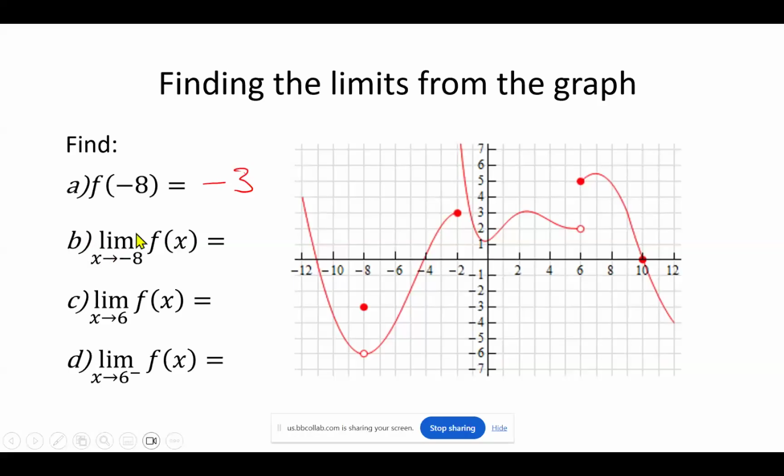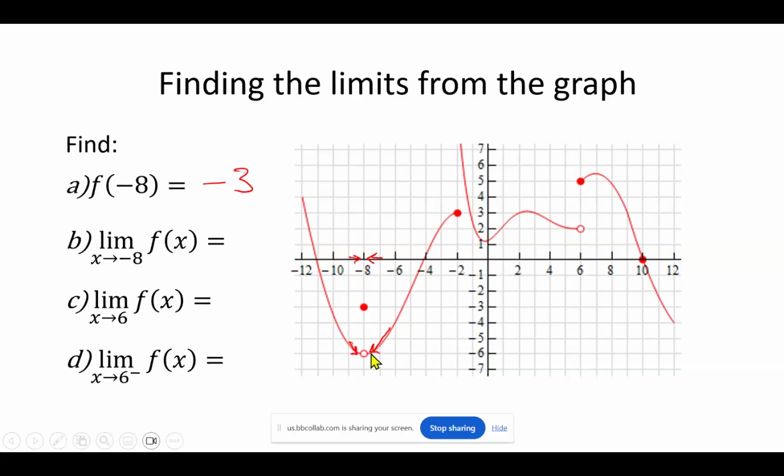For part B, what is the limit of f of x when x approaches -8? Now the question is, what is the function approaching when x gets closer to -8? Notice that the function is actually below. When I approach -8 from the right, the graph is going to that open circle. If I approach from the left, the graph is also going to that open circle.